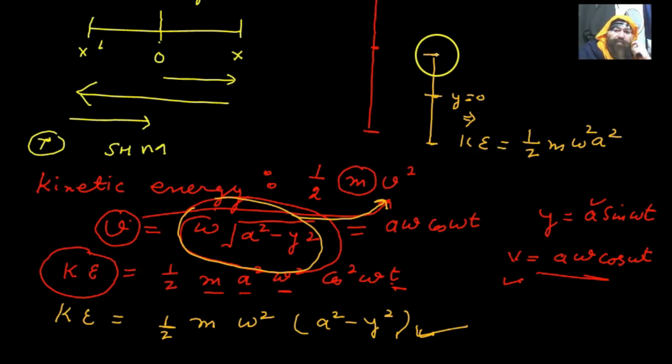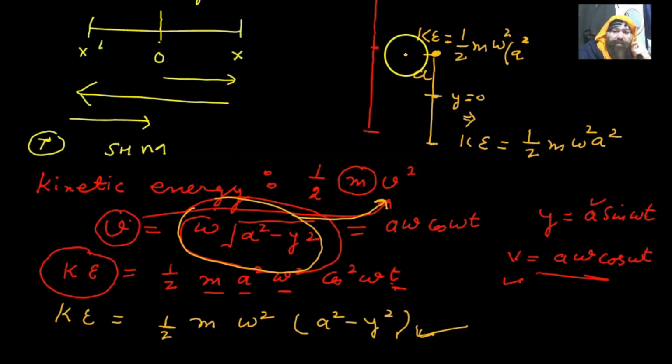And what about the kinetic energy at the extreme? Kinetic energy equals half m omega square times a square minus y square, because y equals a here.